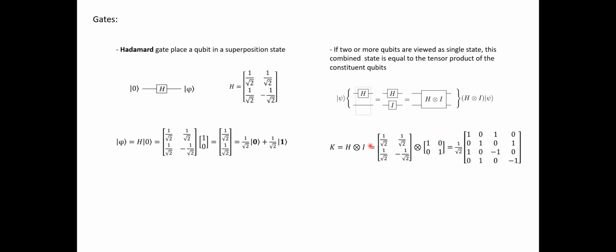So we can compute the new transformation matrix. We defined the transformation matrix for H on the left. We can just perform the tensor product with the identity, and we will get an output like this one. This is going to be my new transformation matrix for those 2 qubits.